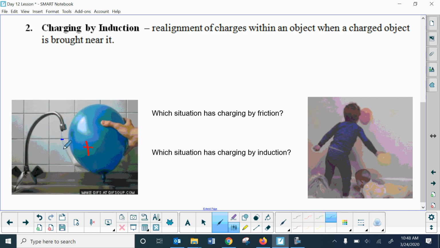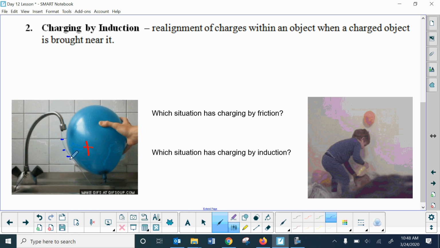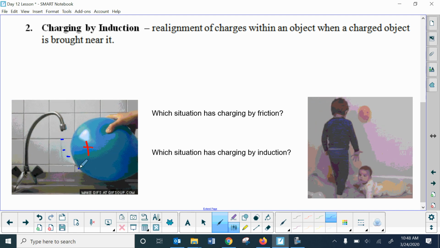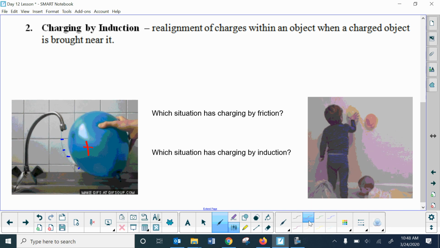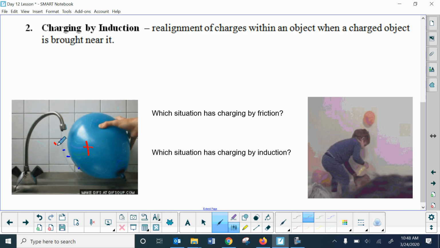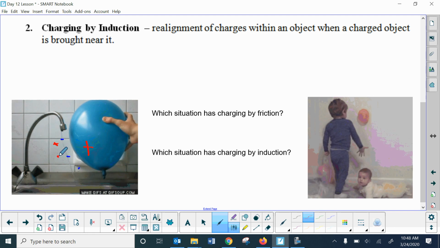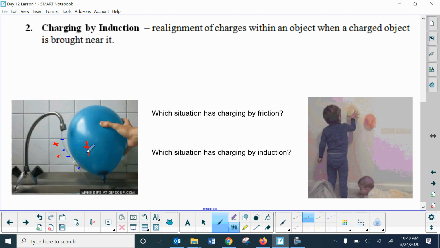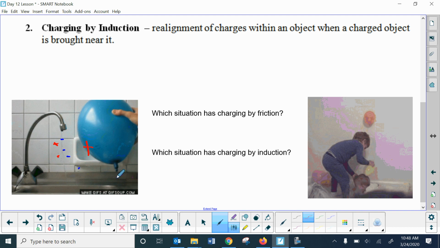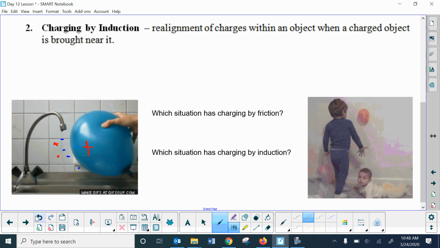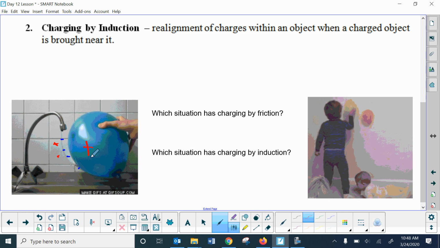In the water there are negatives and positives, and it rearranges the particles so that the negatives become more attracted. Again, the protons aren't moving, it's just the electrons that are allowed to move. There are protons everywhere, but because you bring this positive close, the electrons get attracted, and that's why the water bends. So that's charging by induction, the rearranging or realignment of charges within a neutral object when you bring a charged object close.